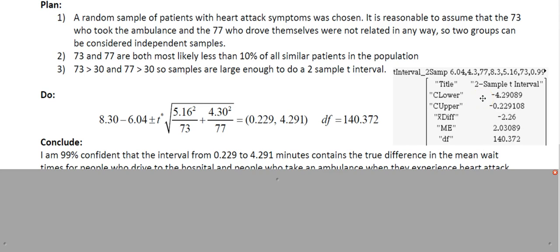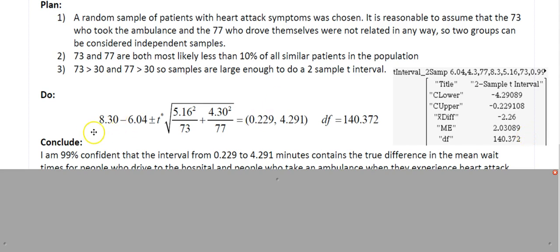Instead of going from positive 0.229 to positive 4.291, I'd be going from negative 4.291 to negative 0.229. My x bar diff, which is the difference in these two values, 2.26, would be negative 2.26. But the margin of error and degree of freedom would be exactly the same.